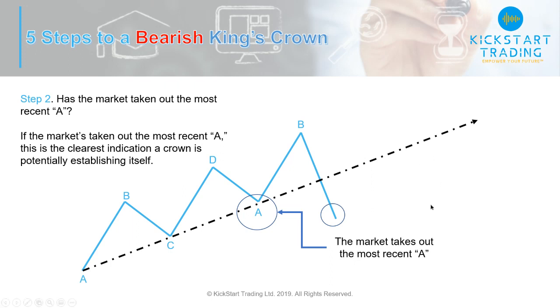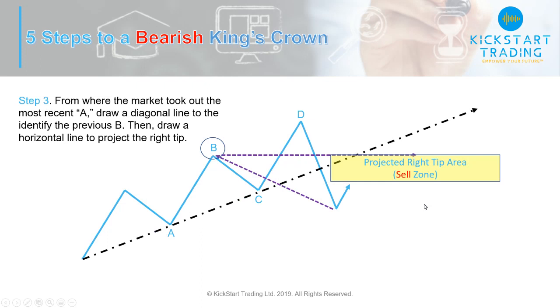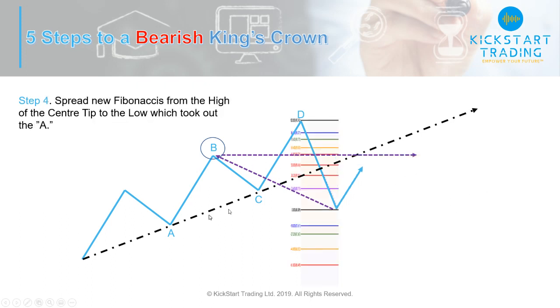And so step number 3 is we have to identify the left tip, which is really just the previous B, right? So from where the market took out the A, that's our starting point. And we're going to draw a diagonal line, okay, up to the previous B, and that's going to be our left tip. All right, and that's going to lead us into step 4.